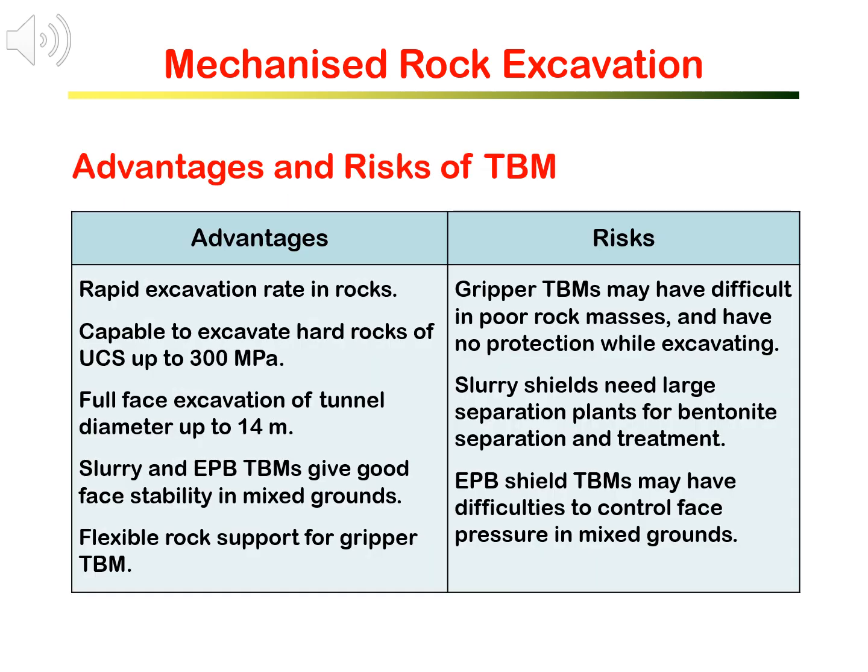Underground excavation, particularly tunneling using TBM, has a number of advantages. The main and perhaps the overriding advantage is the rapid excavation rate in rocks. While in drilling and blasting excavation, the maximum advance rate is about 50 meters per day, for TBM, the reported best advance rate is more than 80 meters per day.